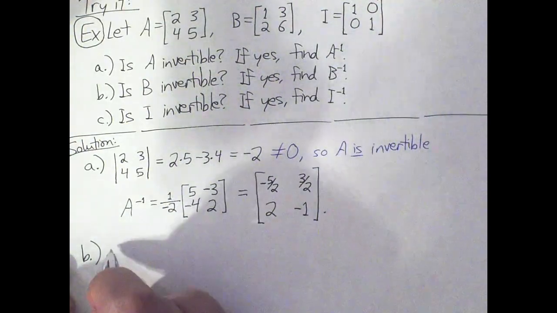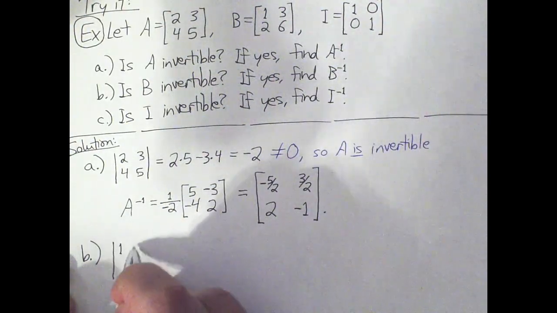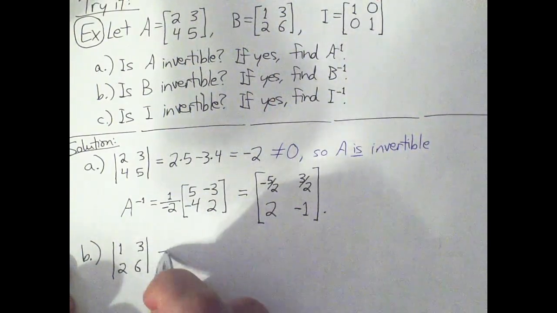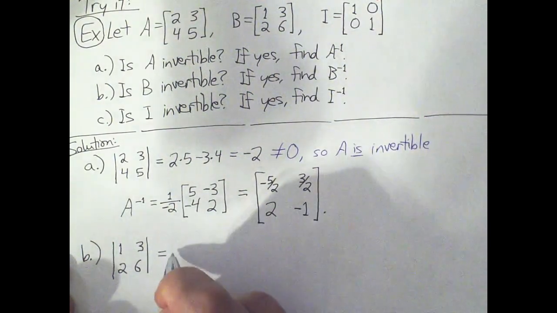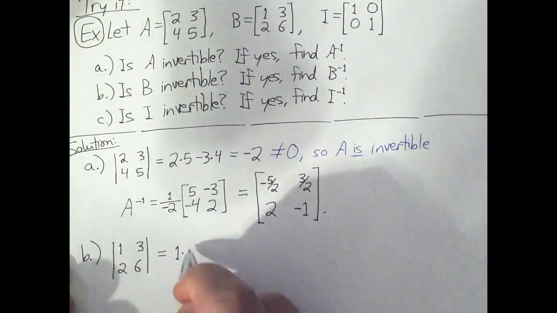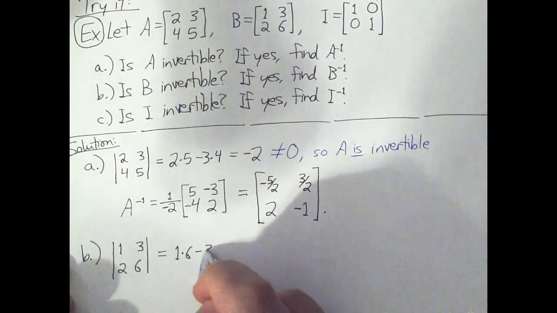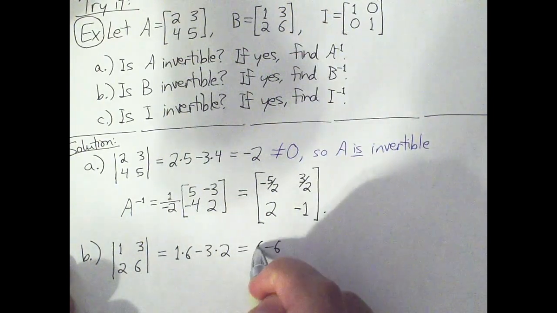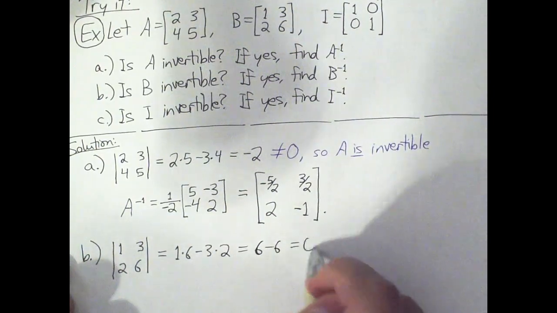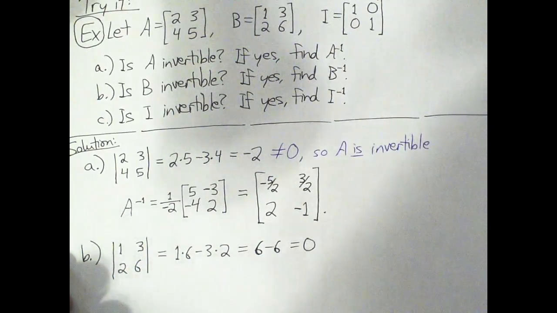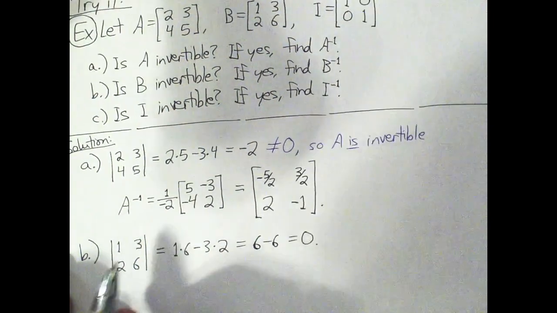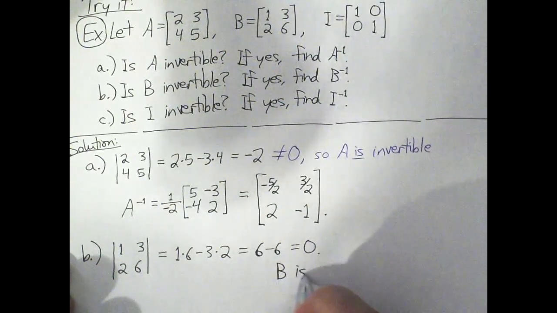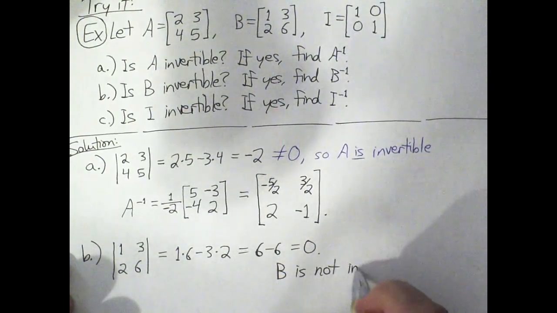Determinant of 1, 3, 2, 6 is going to equal 1 times 6 minus 3 times 2. Uh-oh. This is 6 minus 6. Right? This is 0. The determinant of B equals 0, so B is not invertible.